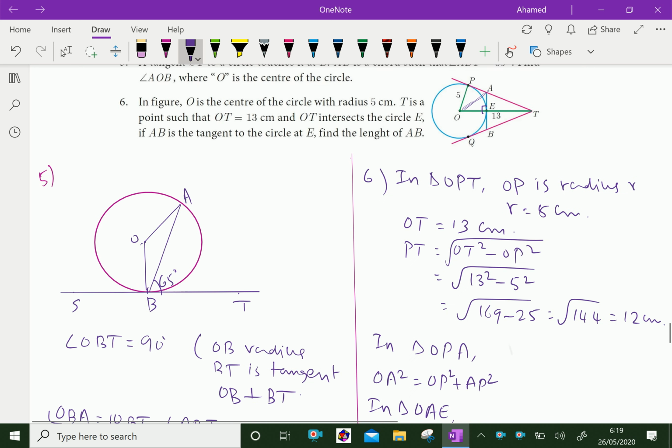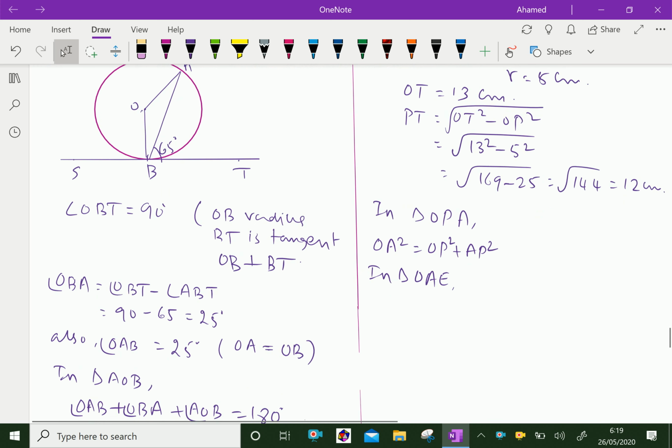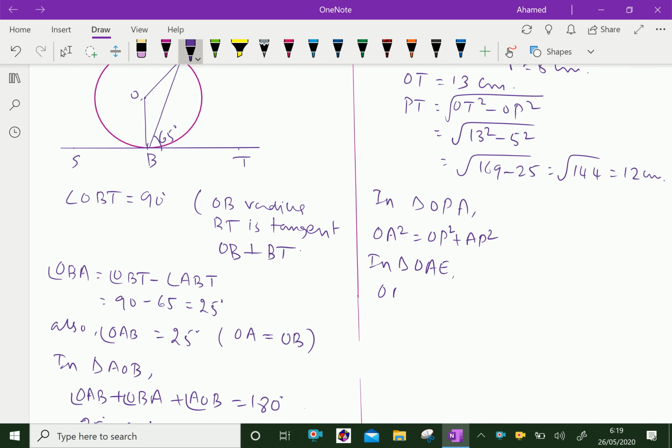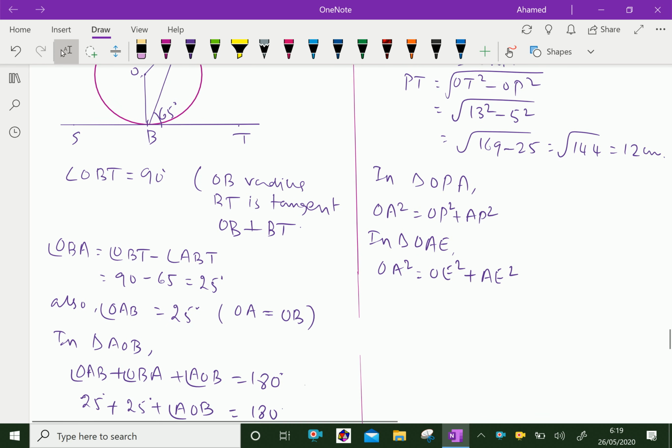OA square equals OE square plus AE square by Pythagoras. Let this be 1 and this be 2. Equating 1 and 2, both are OA square. Therefore equation 1 equals equation 2.